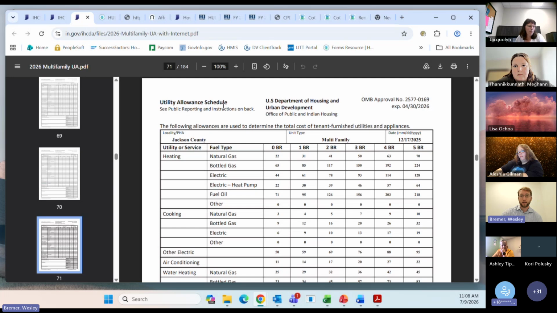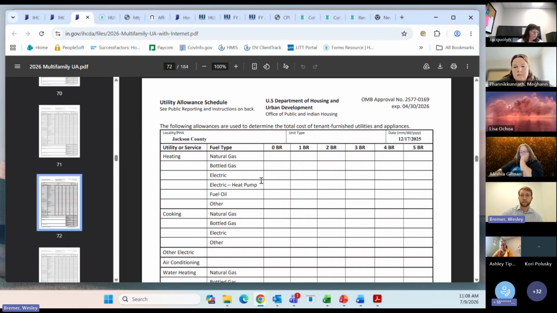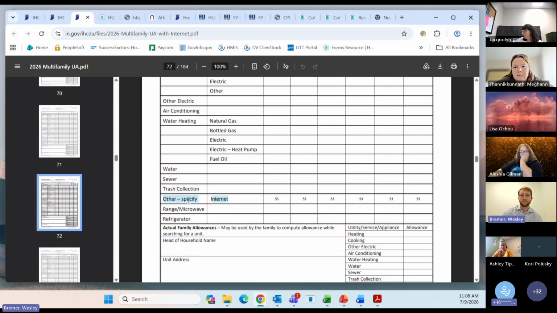The counties are organized alphabetically. You can disregard this expiration date. I know it's misleading, but we confirmed with our real estate team that they devised this utility allowance schedule in late December of last year, and it is good through all of calendar year 2026. The other footnote we had was on the even numbered pages, you'll see an internet utility.